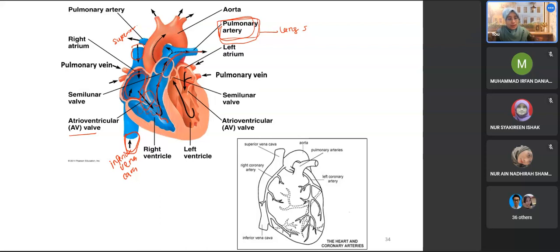The lung is the pulmonary circuit. There, gaseous exchange will occur and oxygen-rich blood will enter back into the heart through the pulmonary vein.